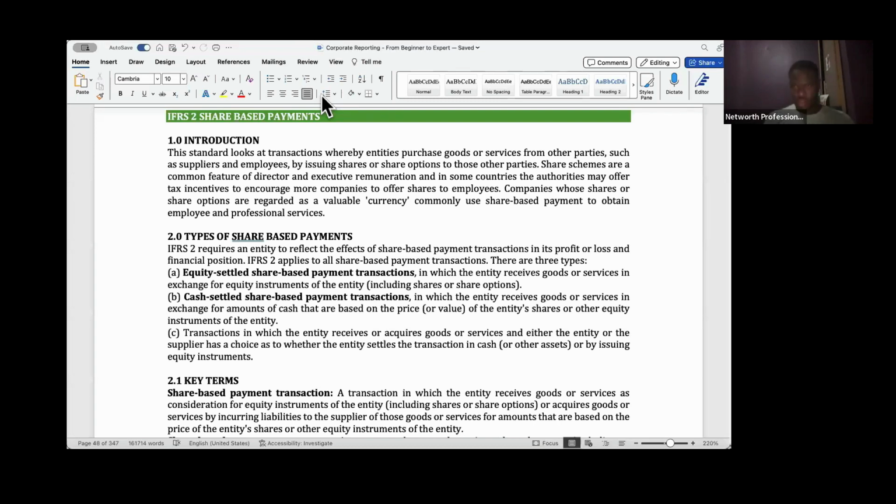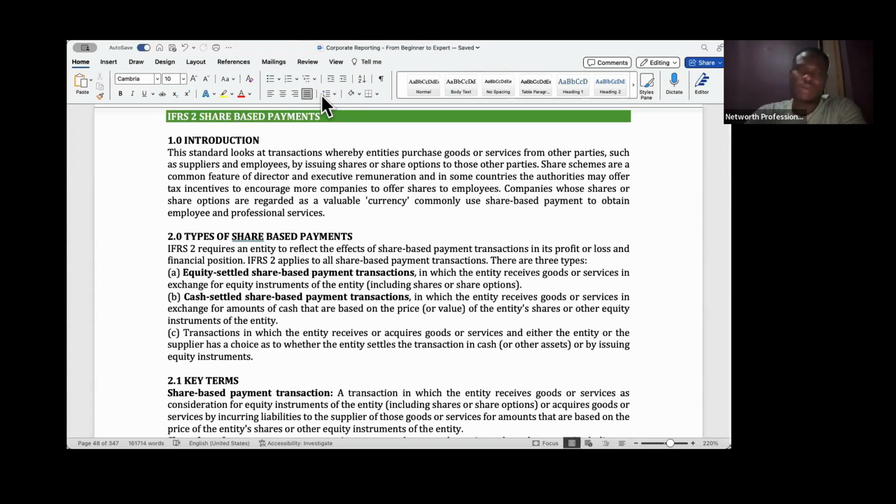So in that scenario, what these companies were doing was giving their staff a share option, because a share option is just a right that a party has to buy the shares of another entity in the future. That is a share option. It's different from shares. When they issue shares to you, you outrightly become a shareholder.